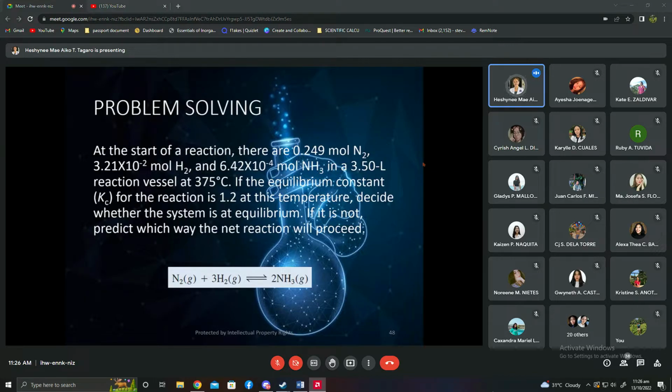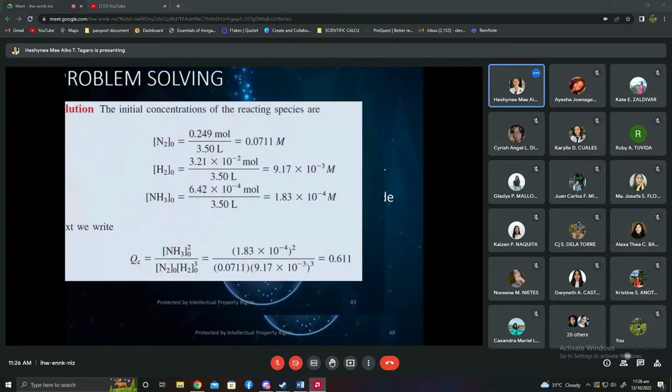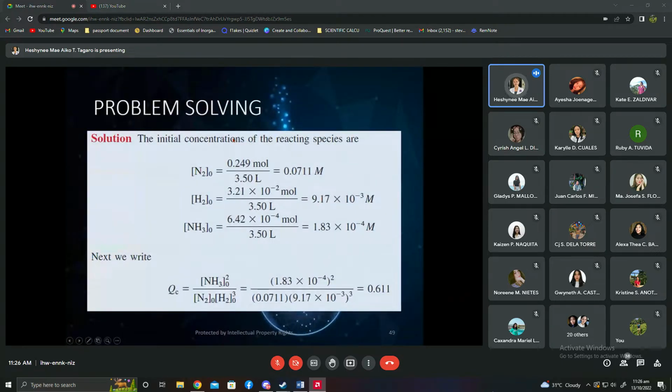Molar concentration is what we are considering. All right, so we need to solve first for molarity. Given in the problem are the number of moles of our nitrogen, hydrogen, and ammonia, and also the desired volume, which is 3.50 liters.